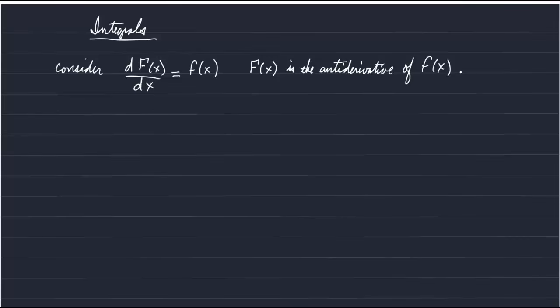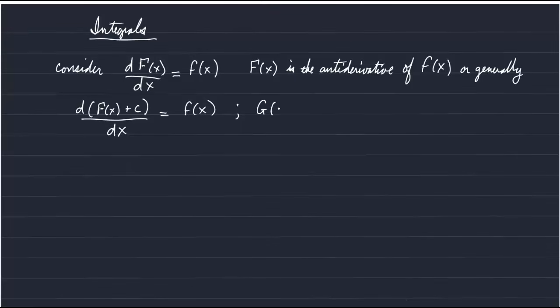Or more generally, we can describe the equation as the derivative of capital F plus a constant with respect to x equaling lowercase f, in which case the sum of capital F with c can be described as the general antiderivative.